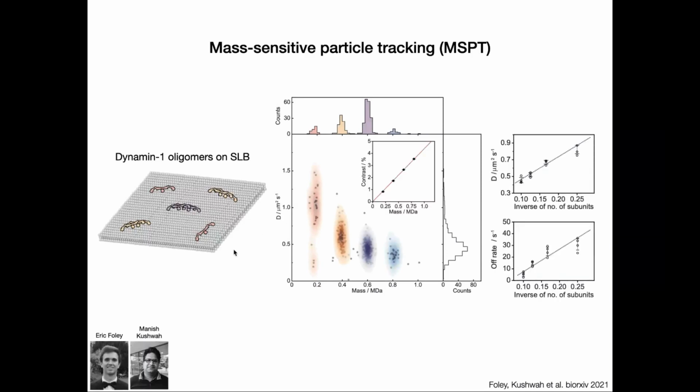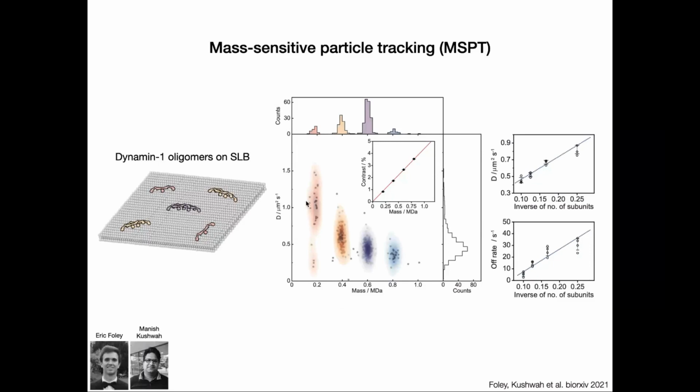The contrast of these molecules scaled nicely linearly with the expected mass for the oligomers. So it was self-calibrating, and we could easily assign which contrast corresponded to which oligomeric species of the dynamin molecule.